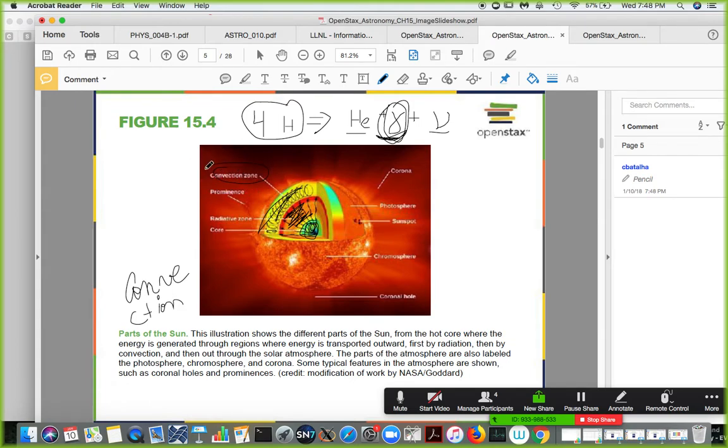The sun has these three interior regions and also has three exterior regions we call the atmosphere. And these three exterior regions are the photosphere, which is the innermost part of the atmosphere, the chromosphere, and the corona.